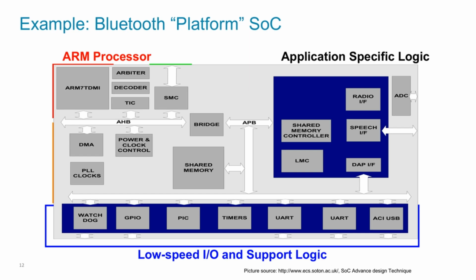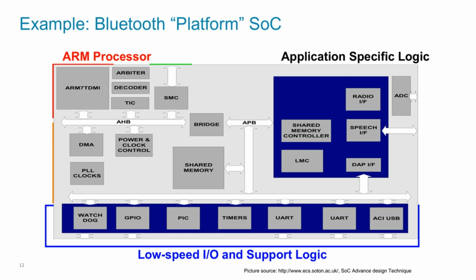There's also a speech I/F, suggesting this chip is designed for devices that handle audio, like a Bluetooth headset. The ADC, or analog-to-digital converter, would be used to convert analog audio from a microphone into digital data that the chip can process. This specialized hardware makes the chip extremely efficient at its intended job.